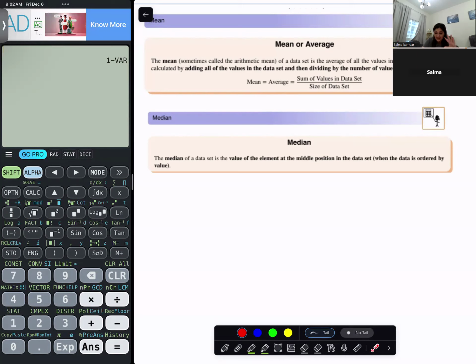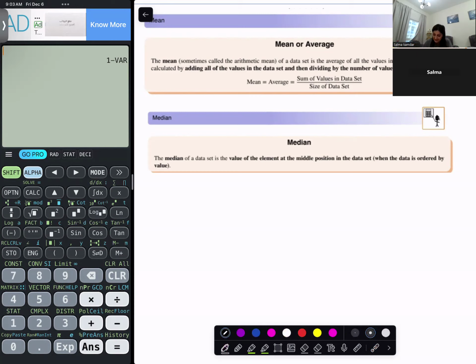Okay. When I talk about median, it is the element that is in the middle position of your data set when your data is in the ordered value. When I say it is in the ordered value, that means you're writing your data from the smallest to the highest. Okay.